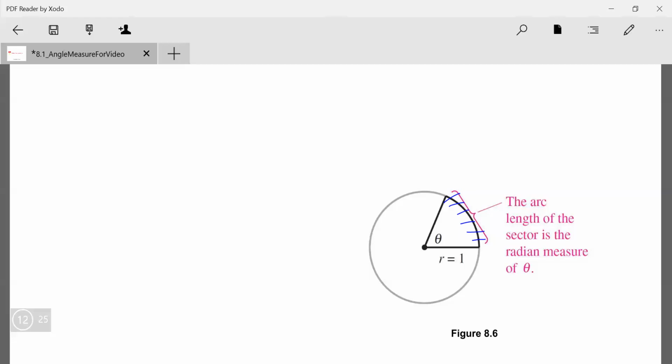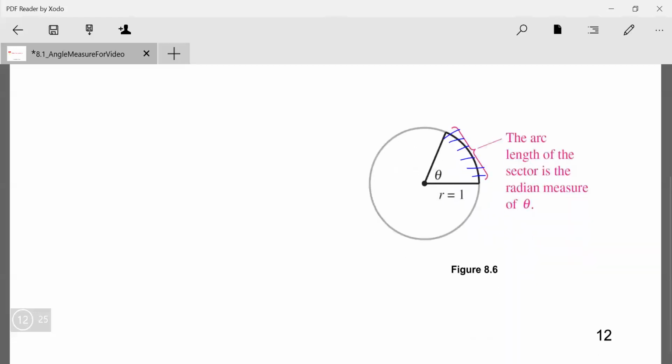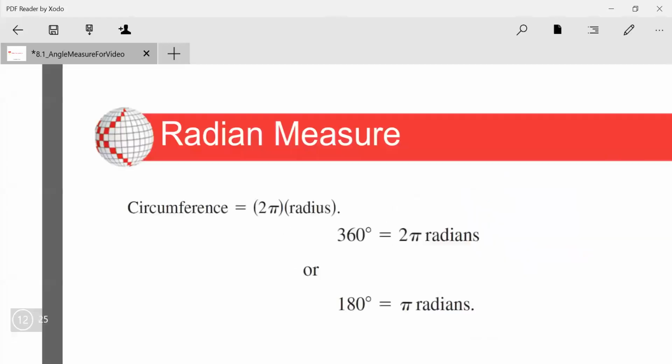It's just like people use different systems, metric system or English system, to measure the length of an object, as a distance measure. And so to decide how we convert the two measurements, let's go to the next slide.